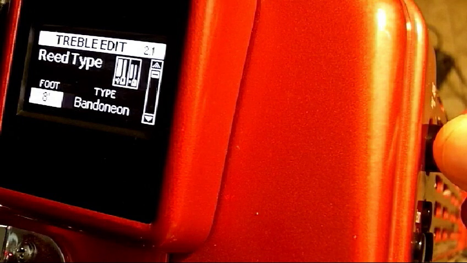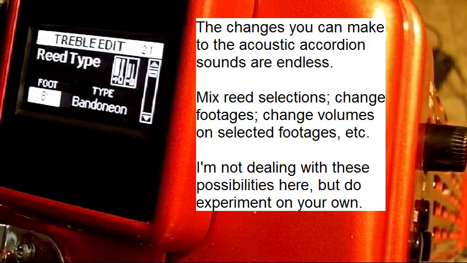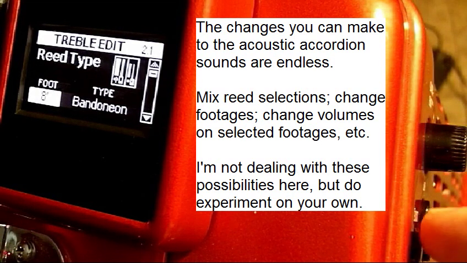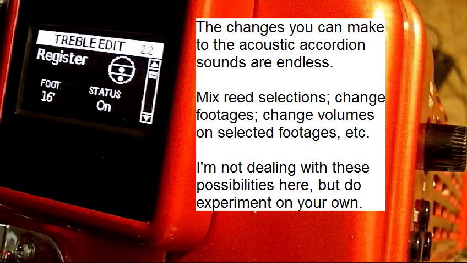Incidentally, you can change the read type for any footage that you want, but I'm not going to do that here since Bandoneon is a pretty good choice for a tango. And they're using the lowest footage, 16 foot, and then the one middle read.